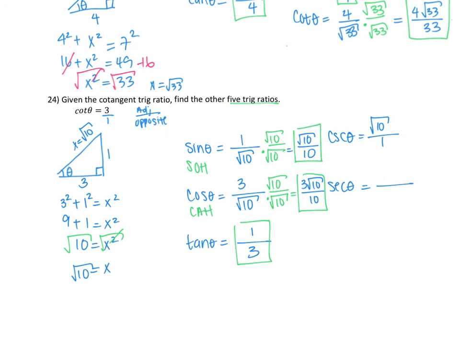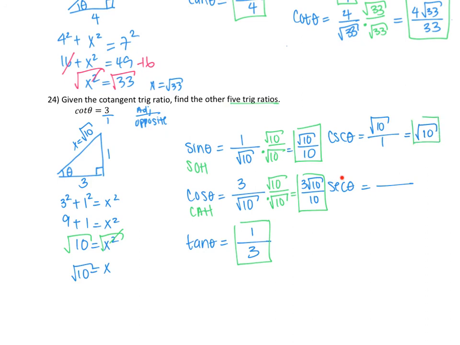It doesn't really matter, but it's easier to work with the beginning value, because if I were to use this and flip it, I would have a root in the bottom and I would have to try to rationalize it. So I'd rather use the beginning part and flip it. So I have square root of 10 over 1. And that 1 is kind of redundant, because anything divided by 1 is just itself. So this is just really square root of 10 as my cosecant.